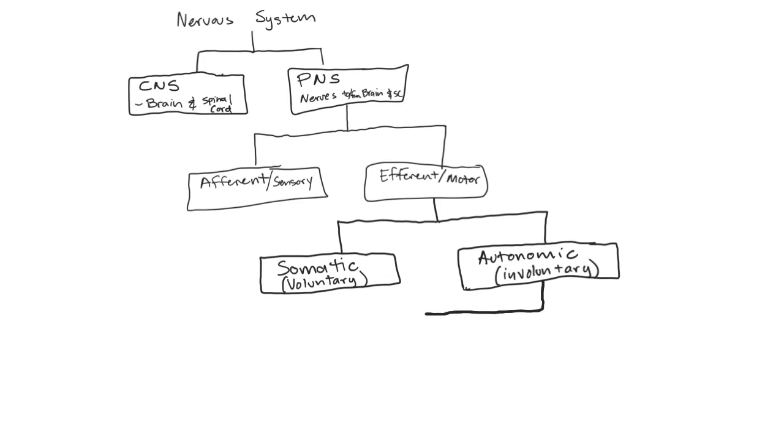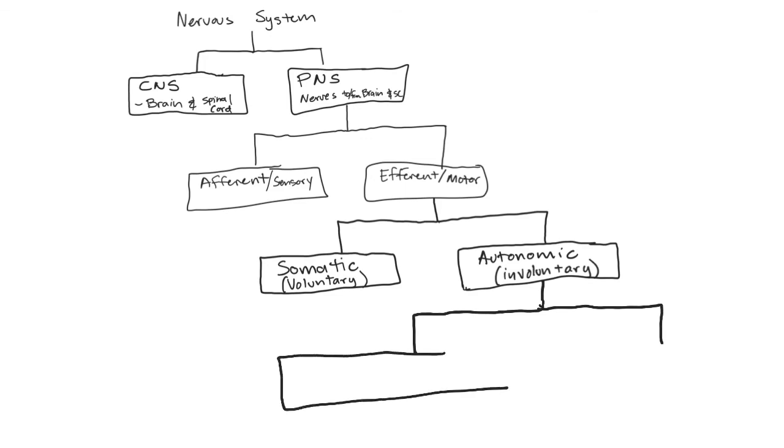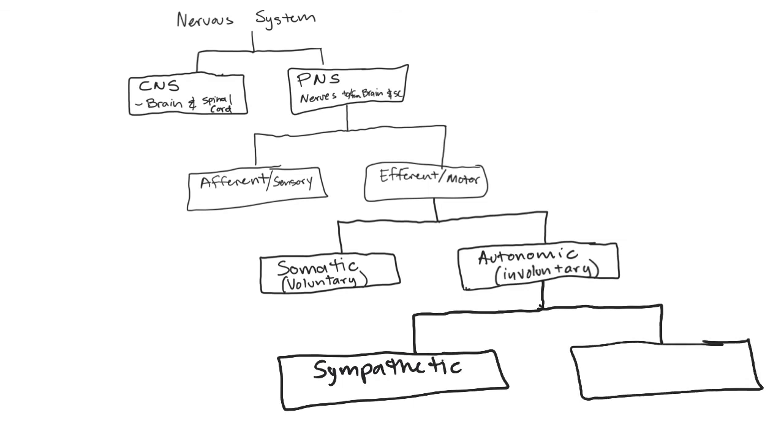Our autonomic then splits our involuntary into the joy nerves. I'm just kidding. Sympathetic and parasympathetic. Sympathetic is our fight or flight response.